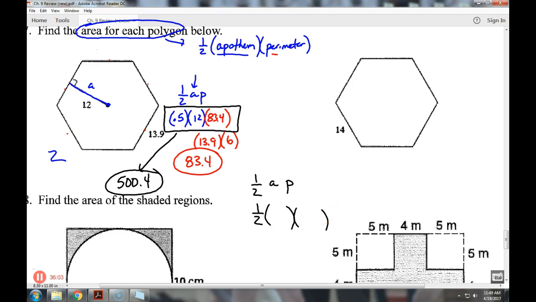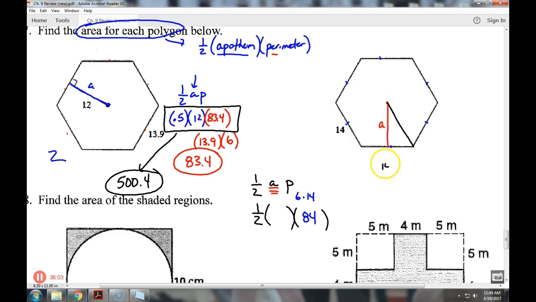For perimeter, since this side's 14 and I have 6 of these sides, that's going to be 84. So my big challenge for this problem is how can we get the apothem. So I'm going to draw it in. I'm going to call it A, and I'm going to draw a radius here.